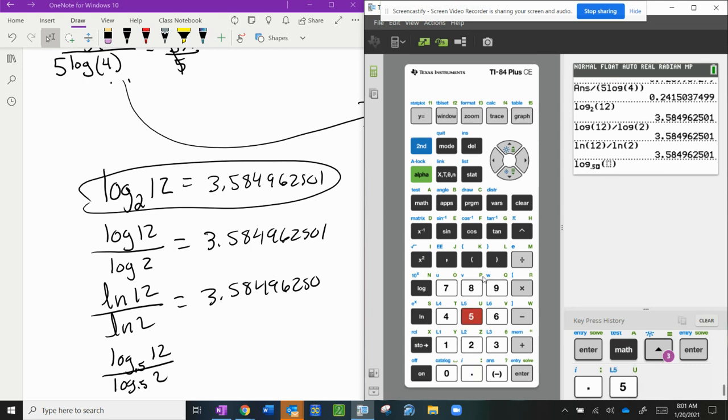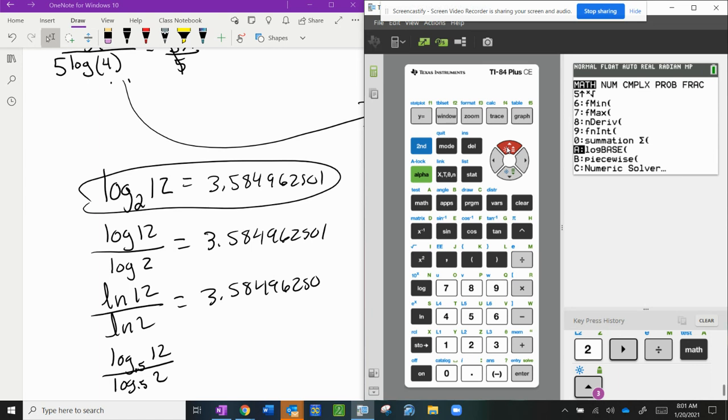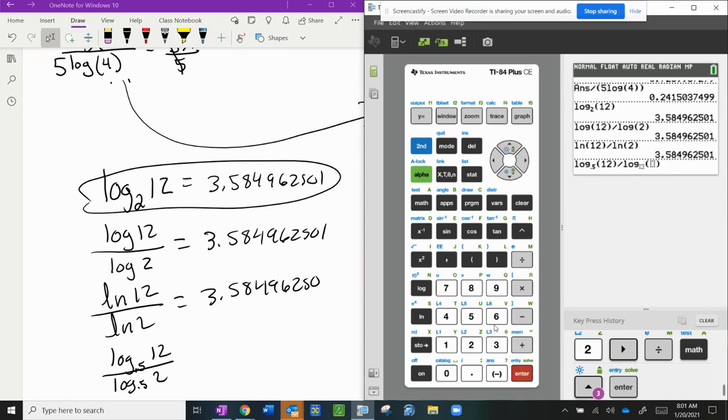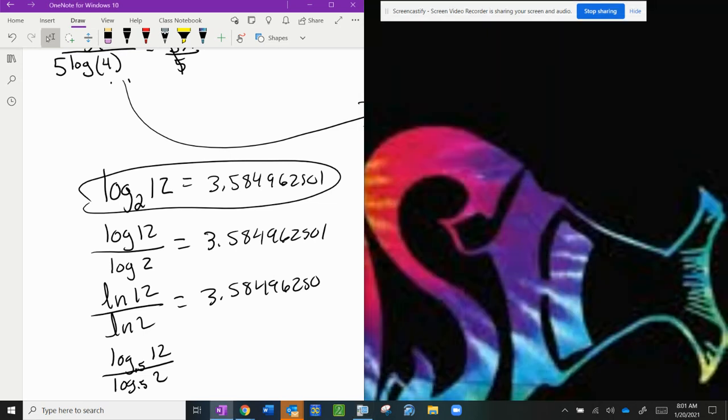I go log base 0.5 of 12 divided by, and I'll have to go back. This is the one that should have a quick button in your calculator. And 0.5 of 2. Boom, same answer.